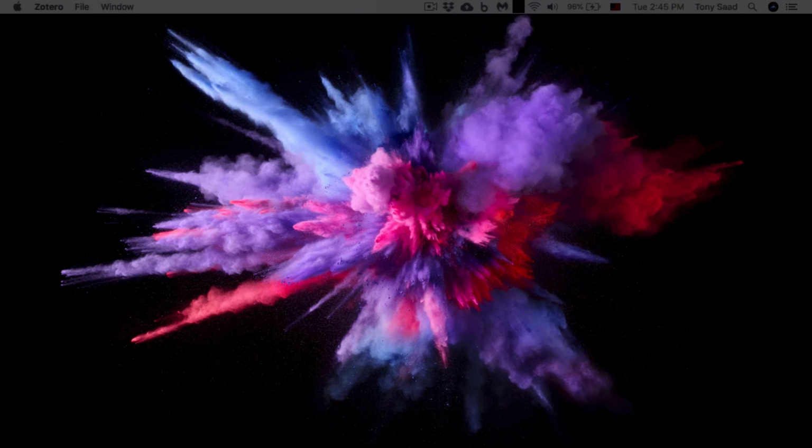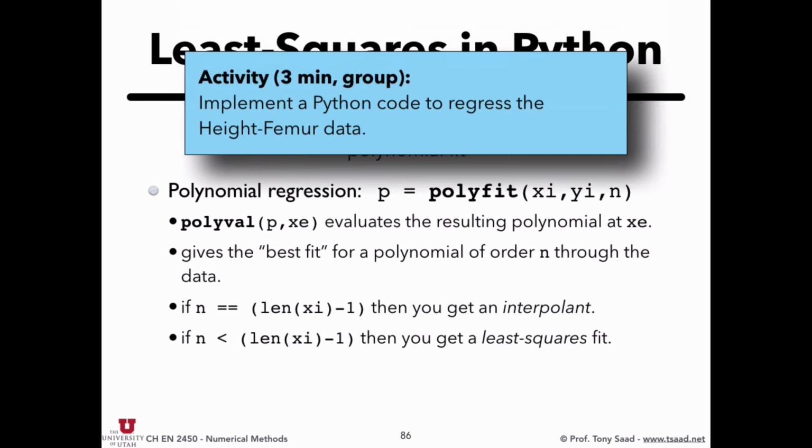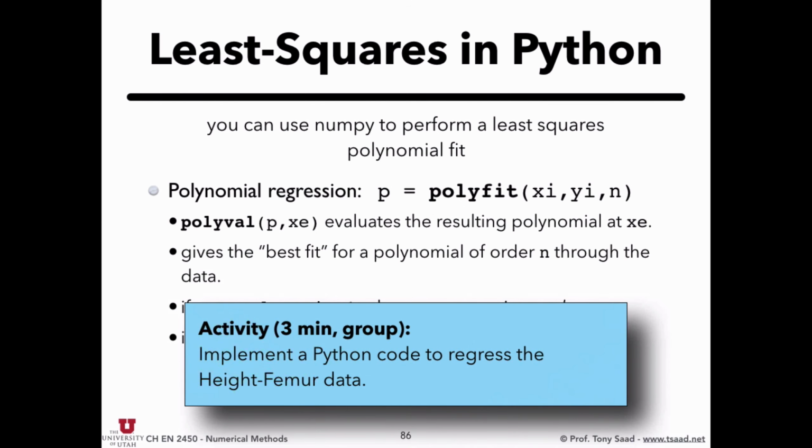If you go on Canvas under Files, you will see Regression Activity Part 1, or actually get Part 2. Download Part 2, or if you have the regression notebook that we worked on last time, you should still have it in your Jupyter. Just open that, and I want you to regress that data using polyfit.